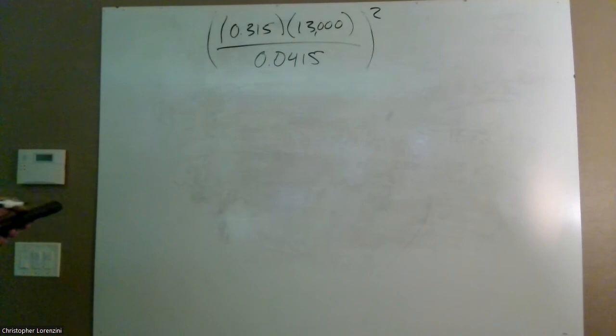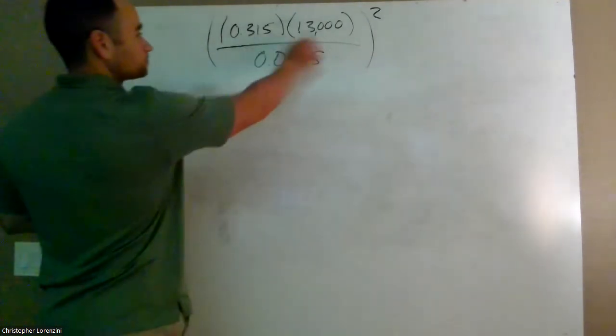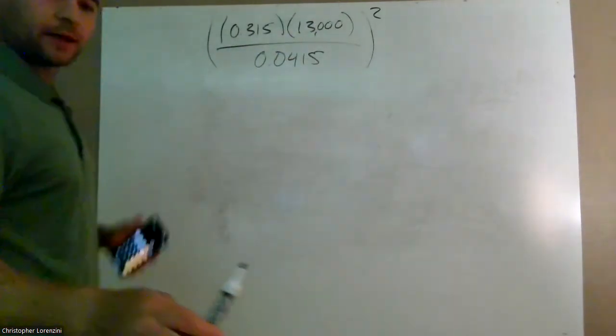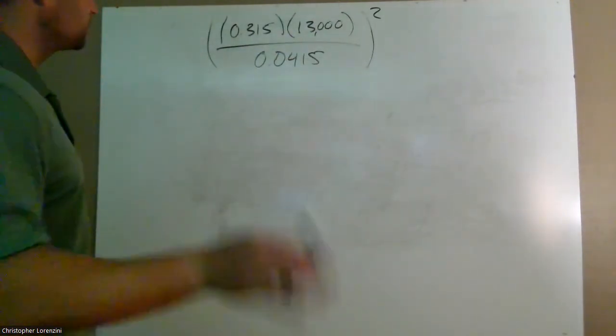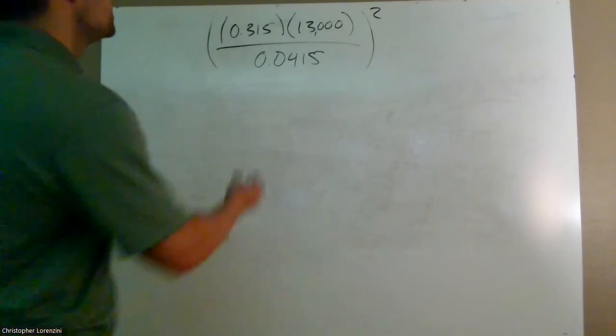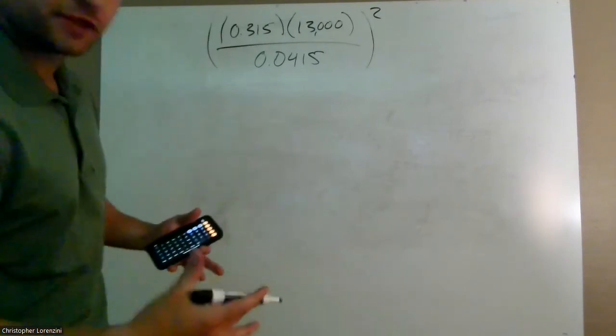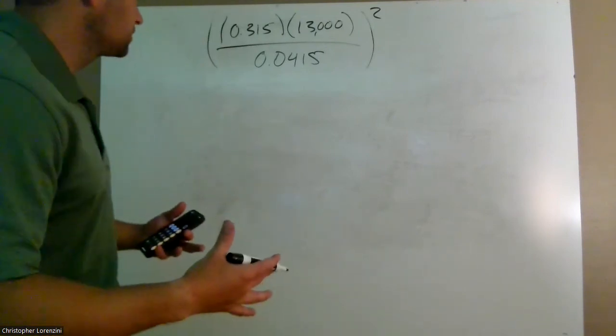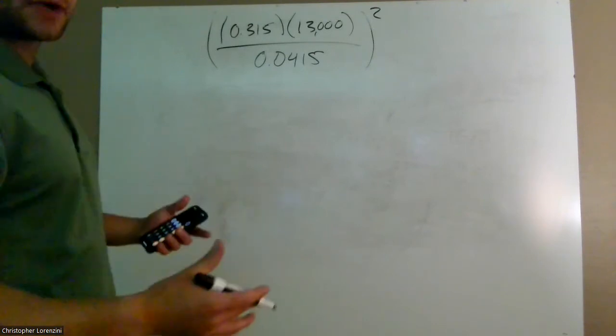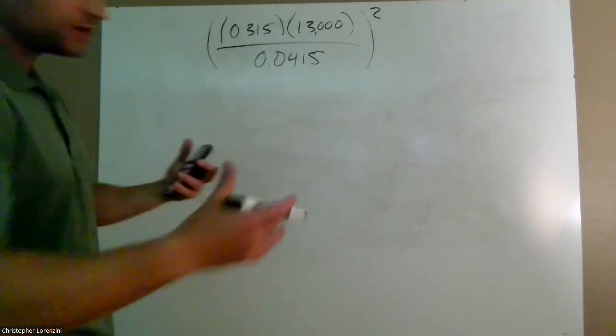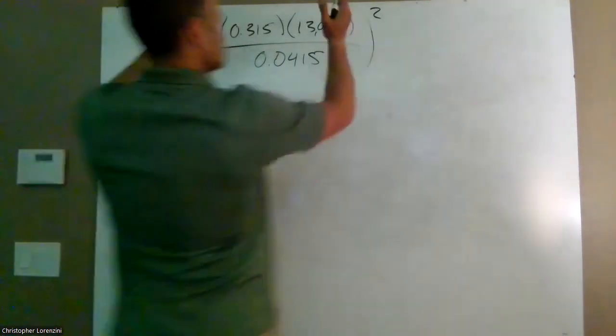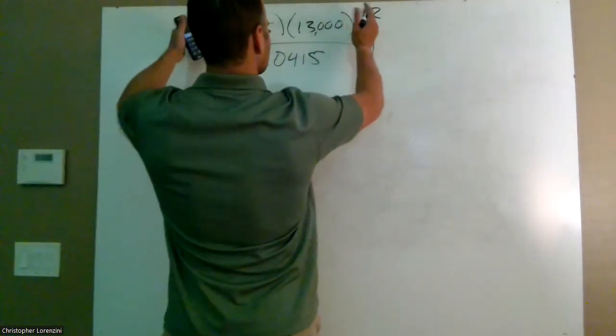I always like to do these types of problems step by step, so I don't screw it up. The order of operations, PEMDAS, I always say GEMDAS, I like that better. But basically says you do everything in the parentheses first, and then you do exponentiation, multiplication, division, addition, subtraction. So we take a look at the parentheses here.